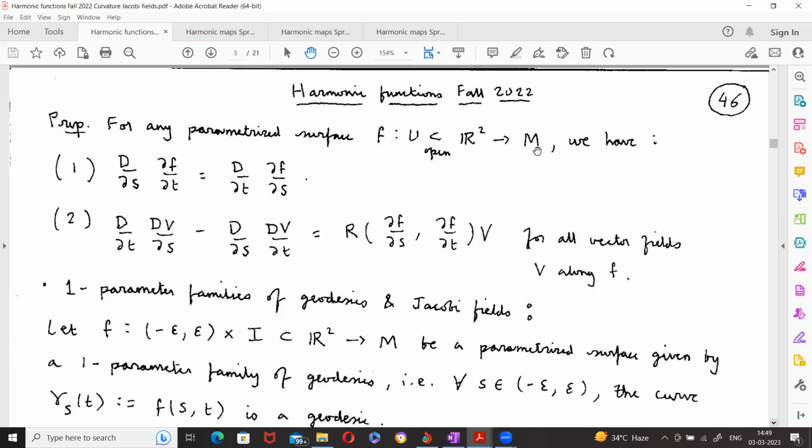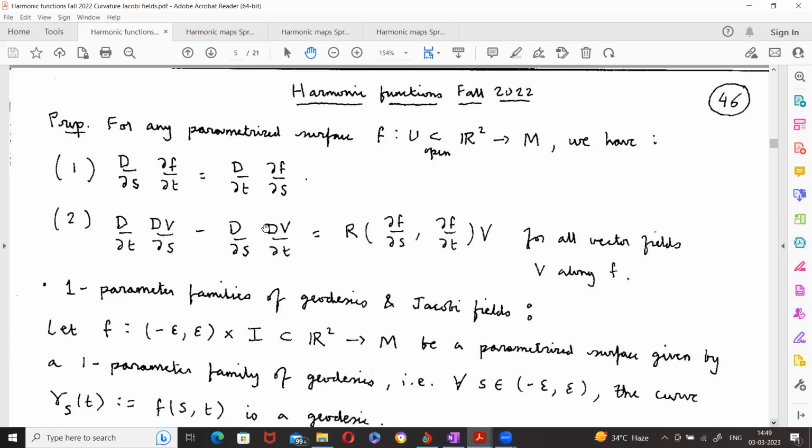And then you can write ∂F/∂s and ∂F/∂t as linear combinations of ∂/∂xi with coefficients which are functions of s and t, right? And similarly, any vector field V along F, you can write as the summation of ai(s,t) times ∂/∂xi, right?